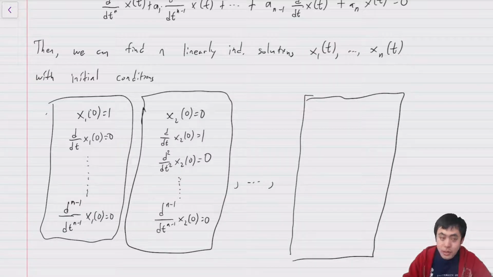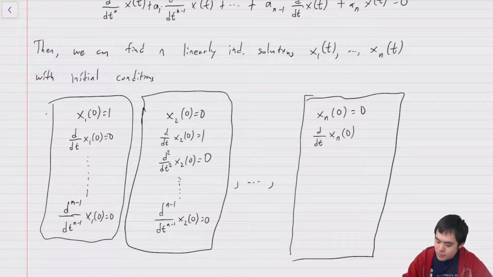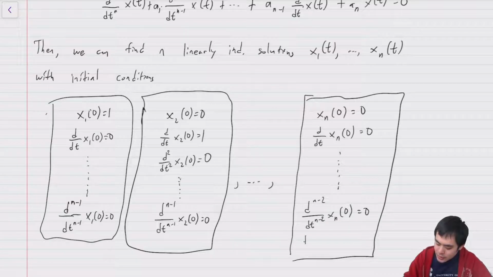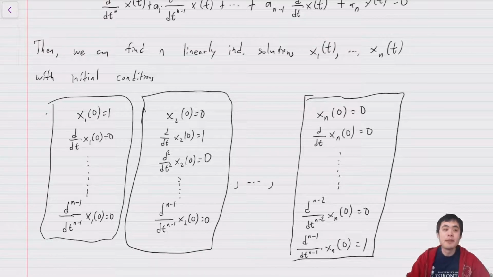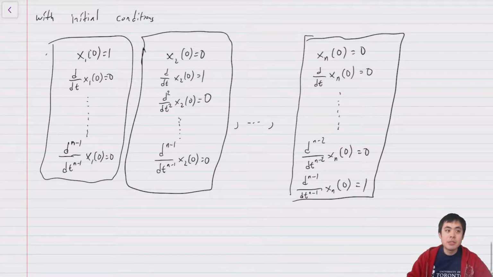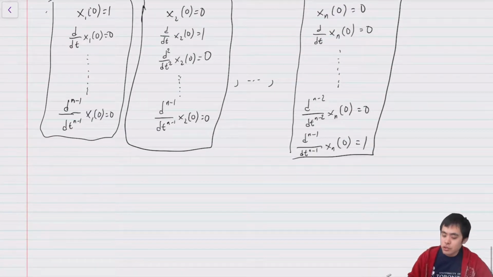For the very last one, xn of 0 is equal to 0, d dt of xn of 0 is equal to 0, and so on, down to d to the n minus 2, dt to the n minus 2, xn of 0 is equal to 0. And for the very last one, d to the n minus 1, dt to the n minus 1, xn of 0 is equal to 1. So we set up our solutions with those initial conditions.